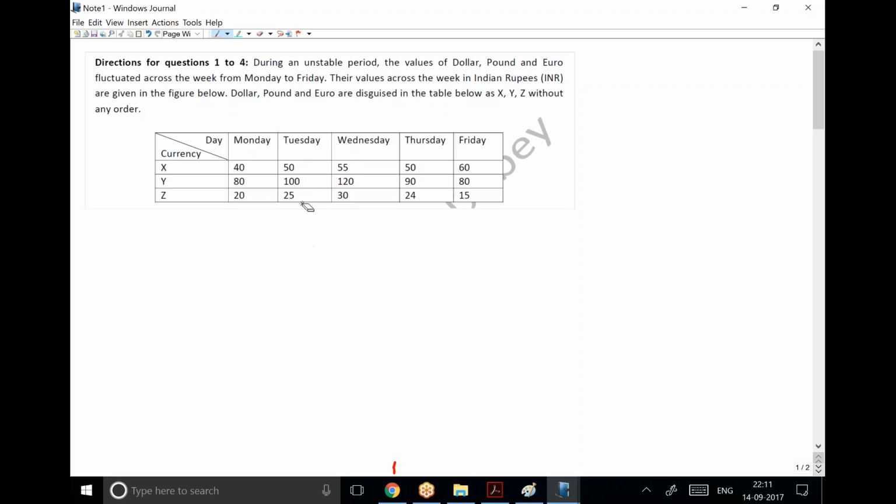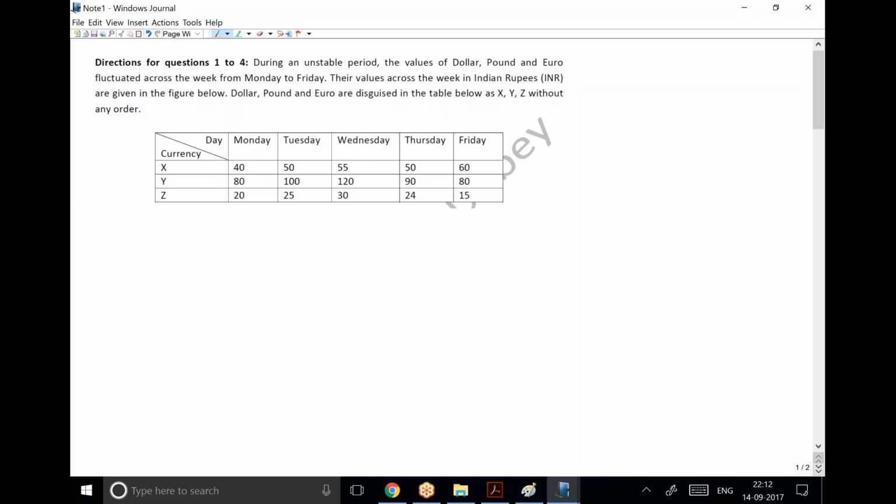If 40 becomes 50, we can immediately see there is 25% growth. 80 becoming 100 is again 25% growth, and 20 becoming 25 is again 25% growth. So it comes out to be 25% growth. It does not matter which currency you are spending; in terms of percentage increase, all of them will remain the same.